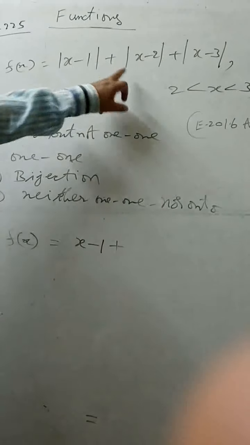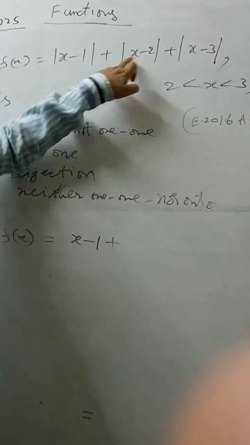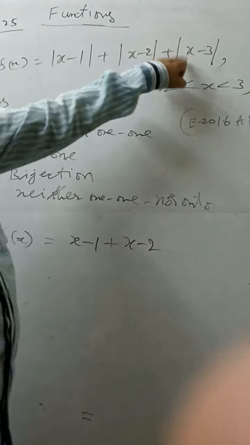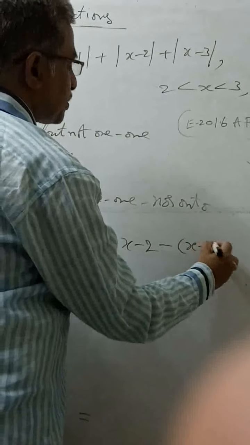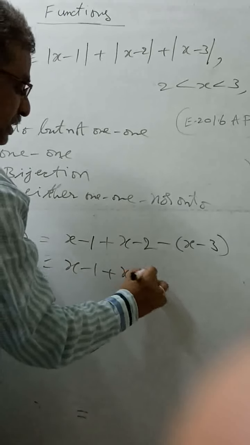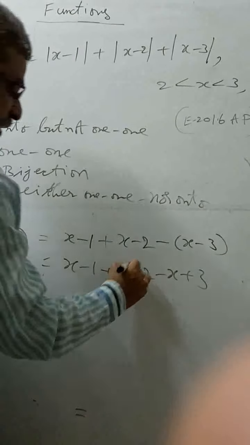Plus, coming to this, x is more than 2 only, so this is also positive. So it becomes x minus 2. But between 2 and 3, x minus 3 is less than 0, so it becomes minus of x minus 3. So this is equal to x minus 1 plus x minus 2 minus x plus 3. You can cancel 1 x, and minus 3 plus 3 cancels, left out is x.